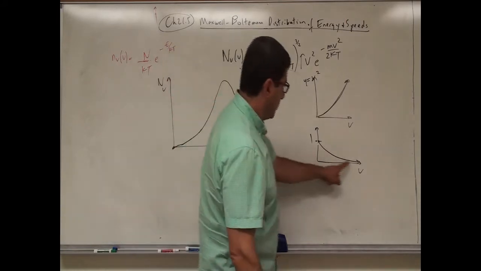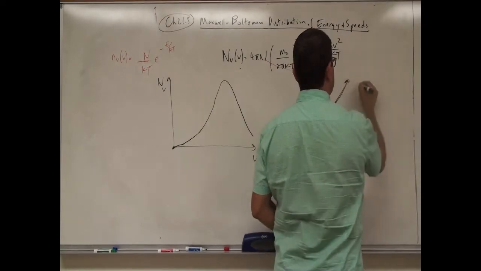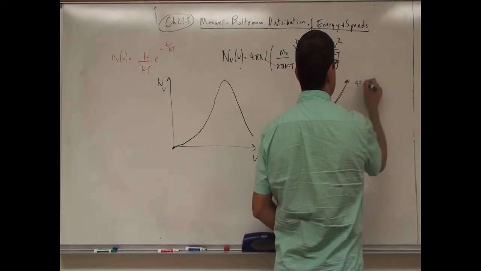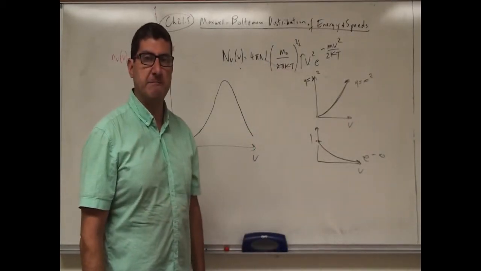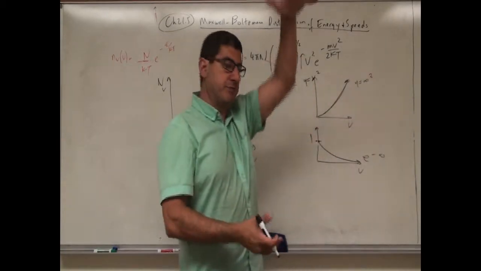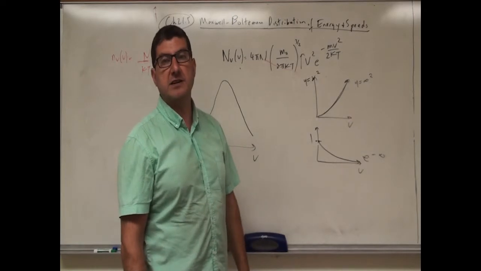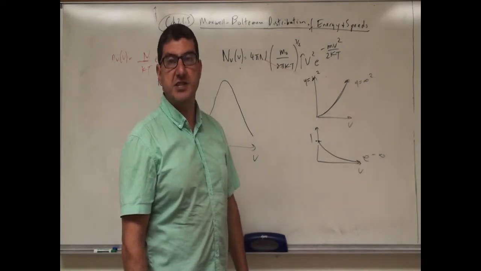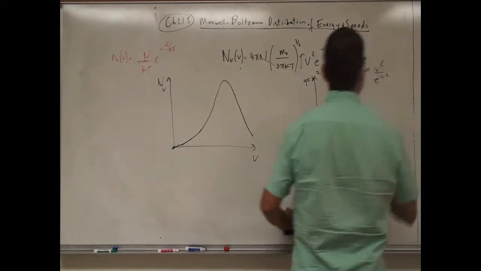Why? When this goes to infinity, you have e to the minus infinity, and then this also gets infinity, y equals infinity squared. Which one trumps that one when we multiply them? It ends up that the limit of this function is 0, right? You can do L'Hopital's rule on this.